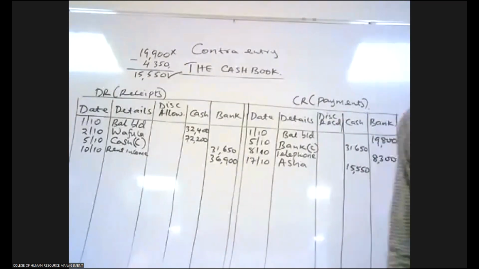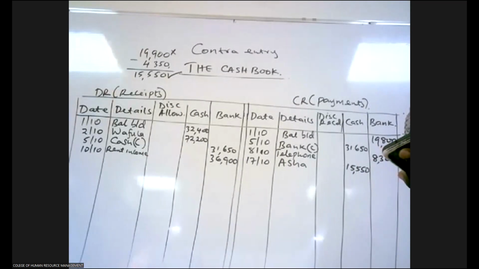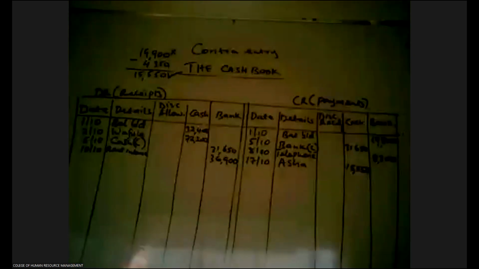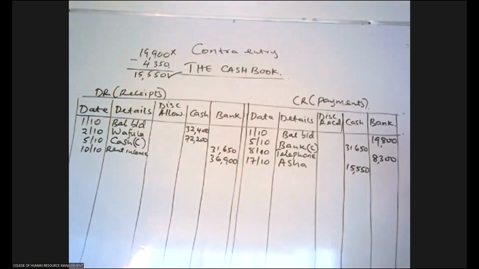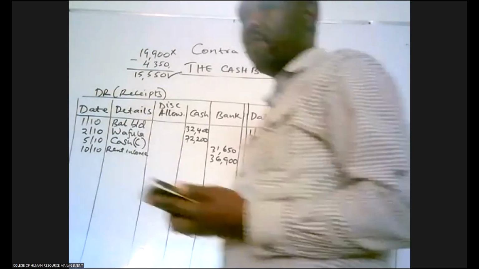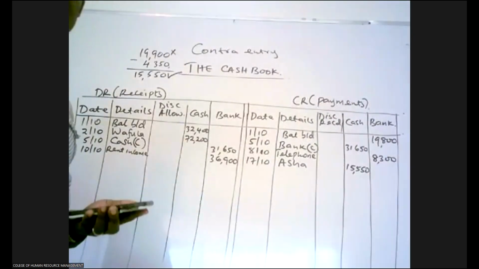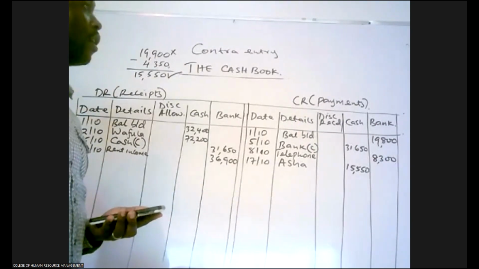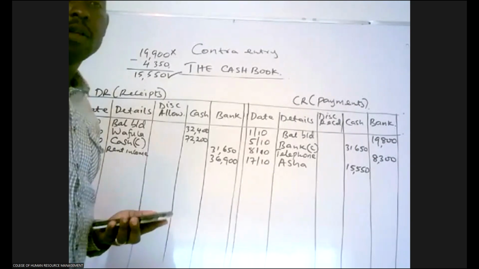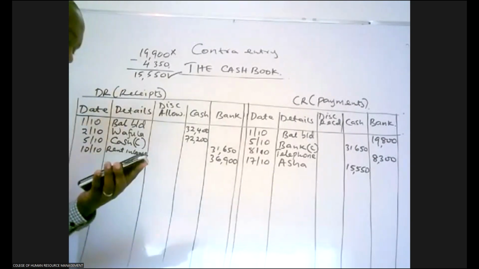I don't know why one of us is not able to see the board clearly. If I switch off, is it becoming better? I have switched off my lights. I hope now it is more clear so that I can reduce the amount of reflection on the board. Okay. We can move on.